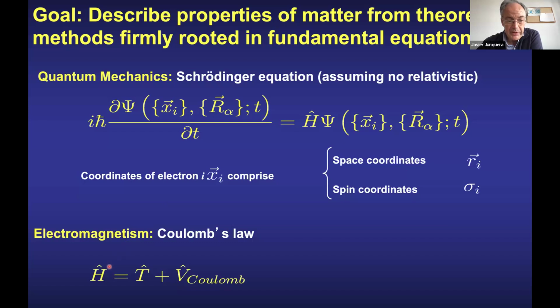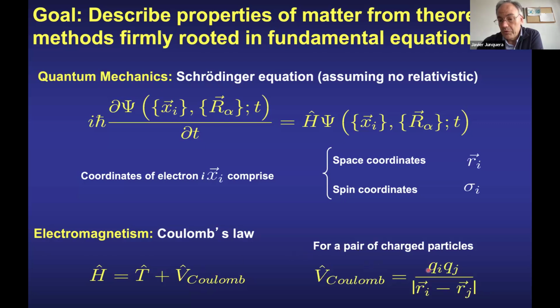This Hamiltonian is made of the sum of the kinetic energy terms plus any potential that is relevant in our problem. In our problem, the only relevant potential is the Coulomb potential, which is nothing else than the product of the charges of the particles divided by the interparticle distance. So essentially, that's the kind of thing that we are going to solve.